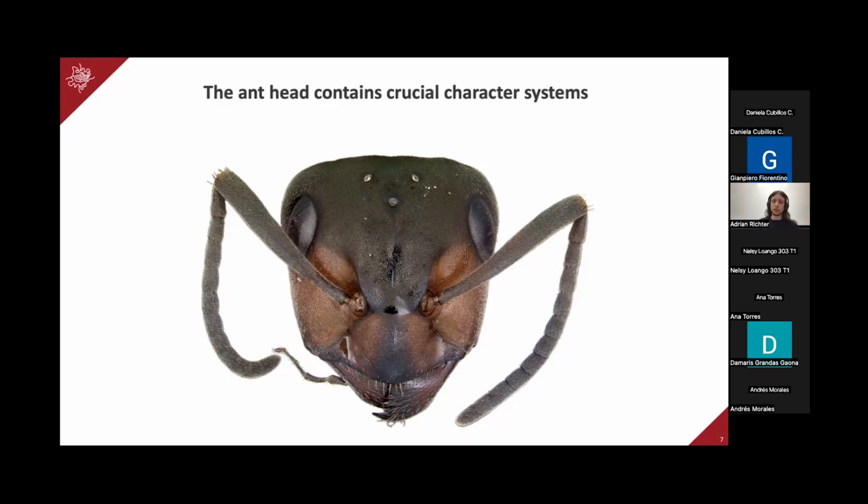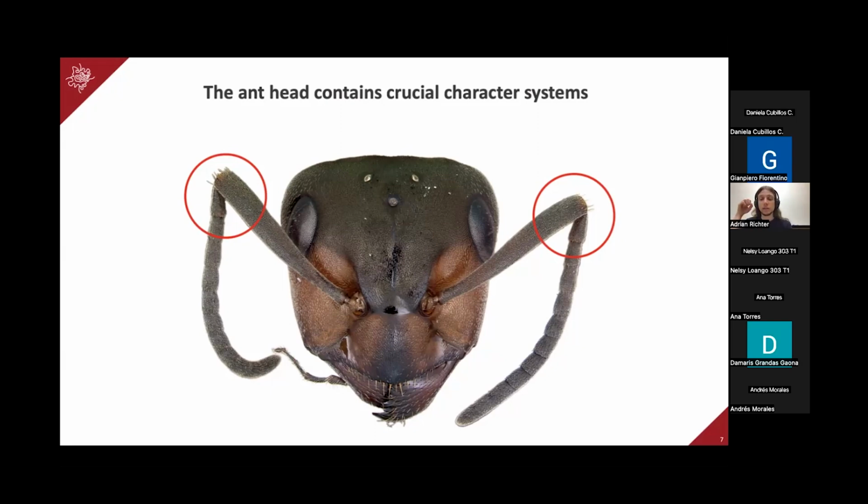And the head also has some classically recognized autapomorphies, so features that characterize ants relative to their ancestors or their relatives that evolved newly in ants. The most classical features that everyone will think of at the ant head as autapomorphies of ants are the geniculate antennae.